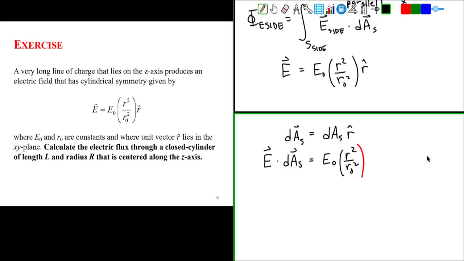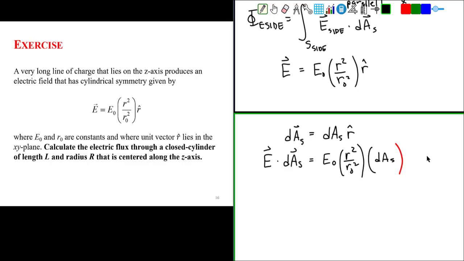And this is going to be times the radial component of the area vector. I could have also calculated this by taking the magnitude of both and then multiplying by the cosine of the angle between the two vectors. And we know the angle is 0 degrees. We'd end up with the exact same result that we have here.